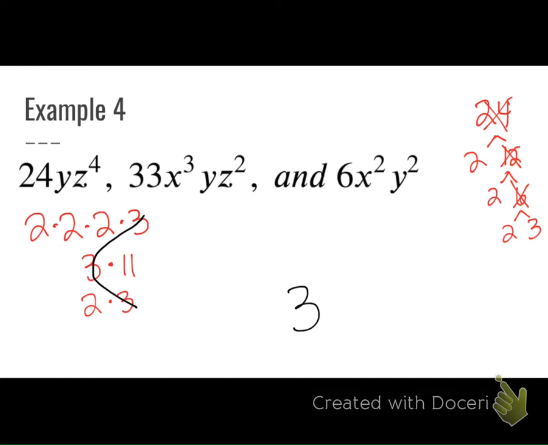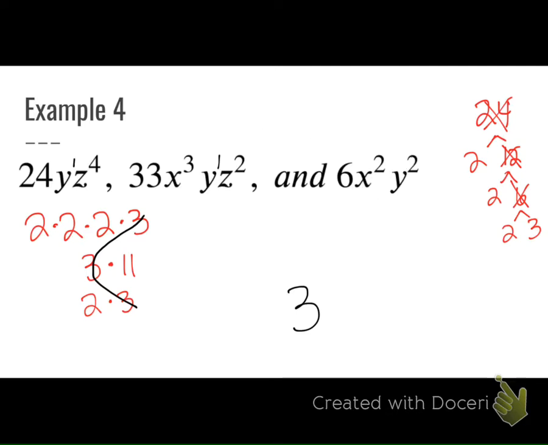You should be able to look at this and know that x can't be part of your GCF because this first term doesn't have any x's to give at all. So if one of the terms doesn't have it at all, it won't be in your GCF. If we look at our y's, this one has y to the first, the middle term has y to the first, the last one has y squared.